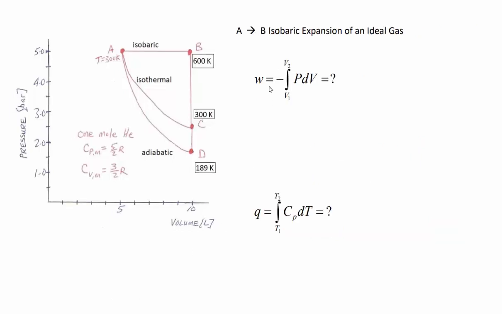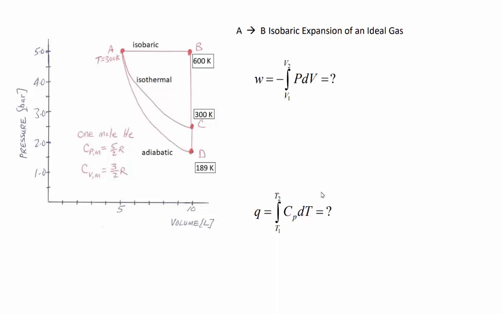Well, again, for the work, we can use the same formula, minus integral PdV. Now, solving the integral will be a little different because this is a constant pressure process. So think about how you would do that. And I'll go ahead and give you also the formula for Q in this case.